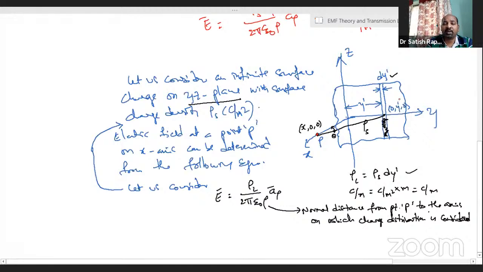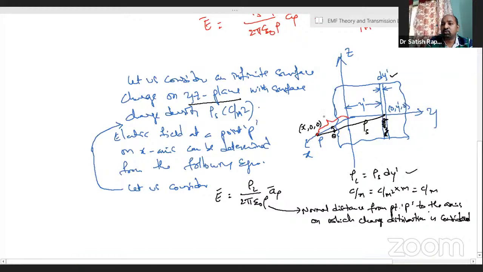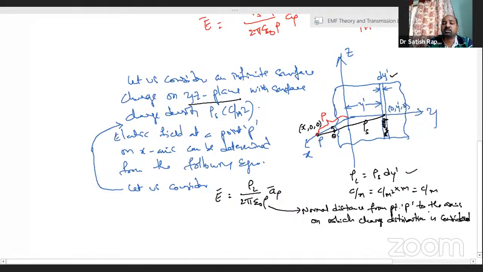So the distance from point P to the surface considered is rho. This is the normal distance.